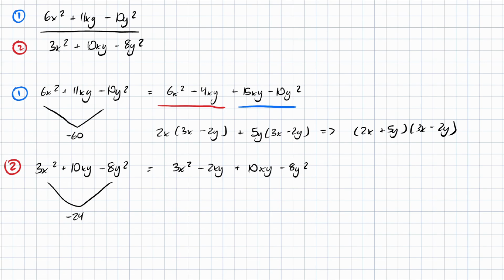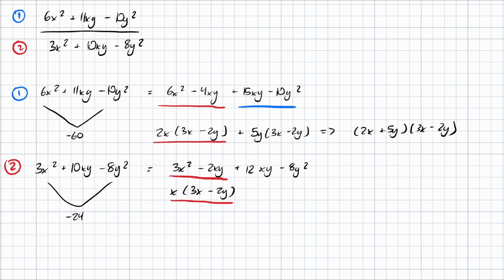Wait, 10 and 2 don't multiply to 24. It was 12 and negative 2 that I'm thinking about. All right, this will be just x times 3x minus 2y. Let me color code that again.